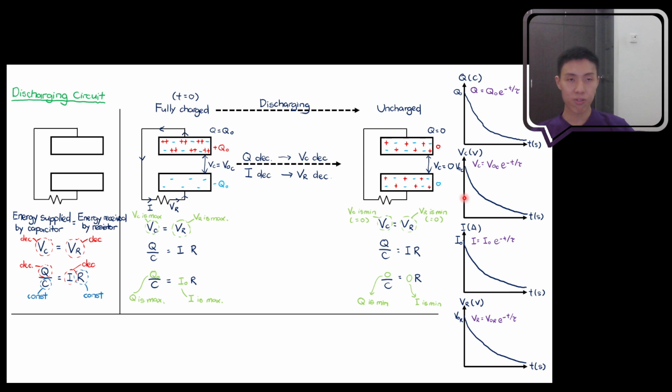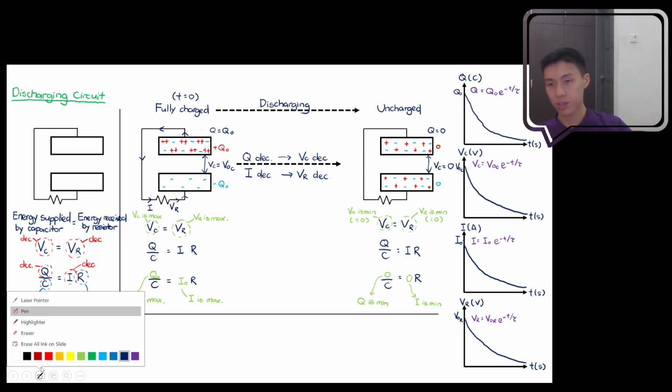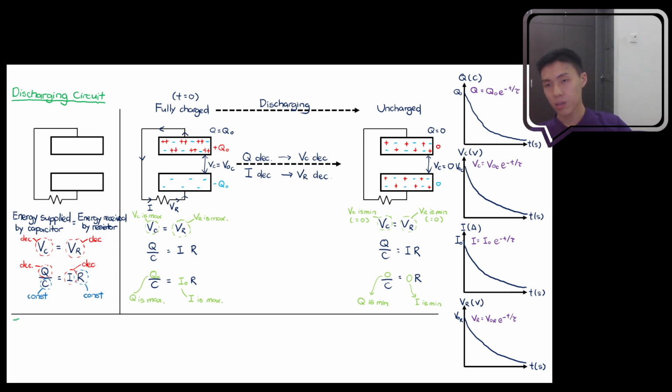Again, from this graph, we can extract something important, which is called the time constant. The time constant is the symbol tau. Once again, the unit of tau should be the second, or any time unit.